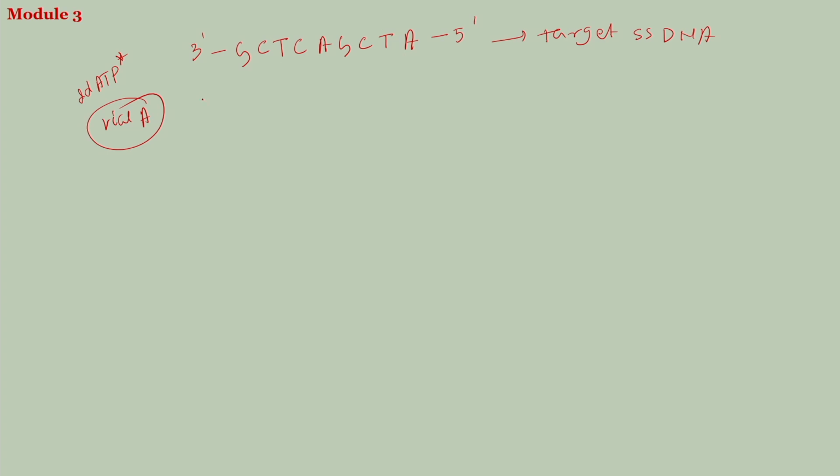So, what are the fragments that you are going to get in vial A? 5 prime. It will stop wherever there is a possibility of picking up A. So, this should be C, this should be G, here is the possibility of picking up A, and it will stop there because it does not have the 3 prime hydroxyl group, and it will show you the radioactive label. That is the first fragment.